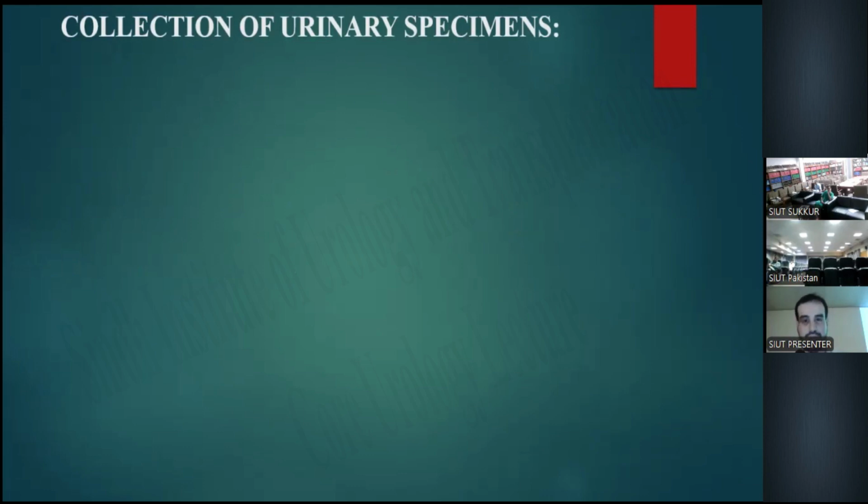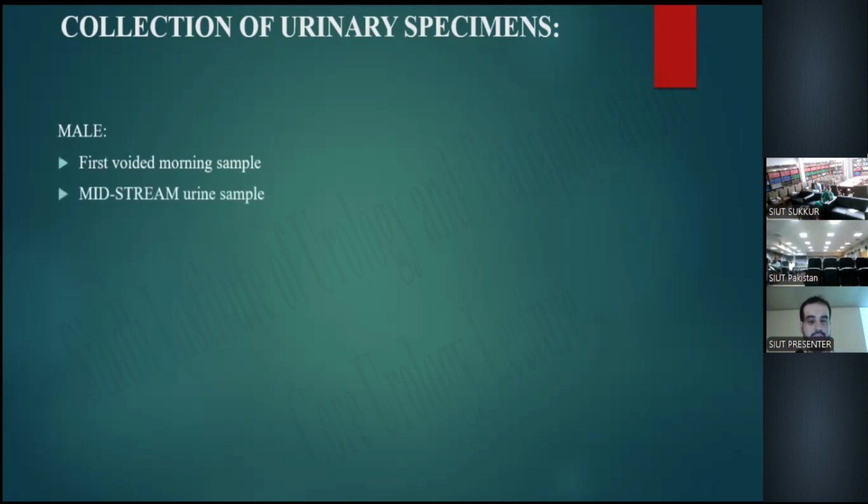In order to get a proper report, you have to follow some principles to collect the sample, and they differ in male, female, and neonates. In males, the sample required is the first voided morning sample, a midstream urine sample, and a clean catch free of any debris.